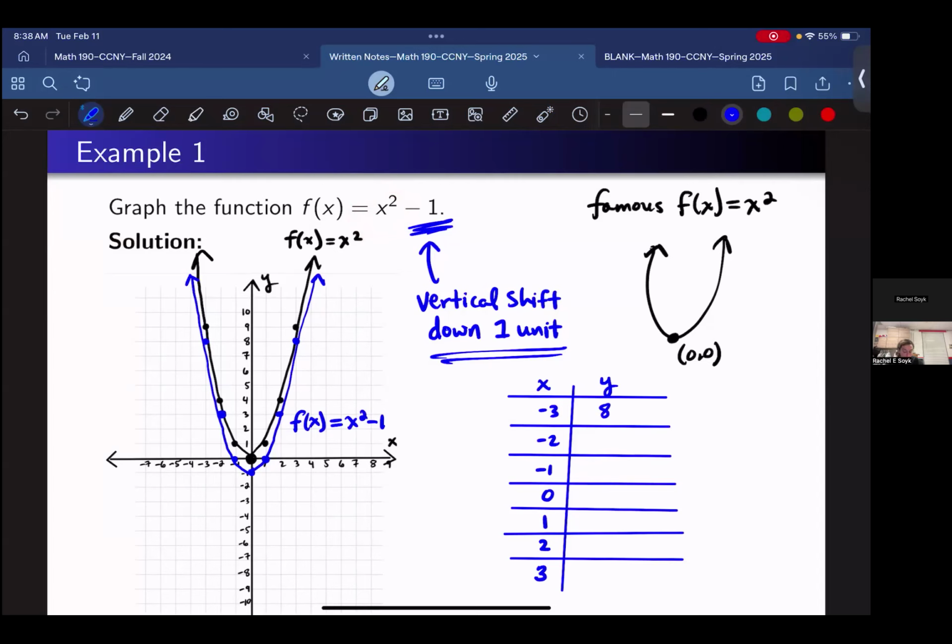We plug in -2, we get +4, -1, +3. We plug in -1, we get +1, -1 is 0. We plug in 0, -1, we have -1. And then we have 1, square it, -1, 0, 2, square it, -1, 3, 3, square it, -1, 8.